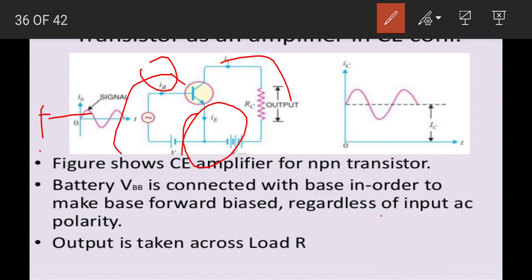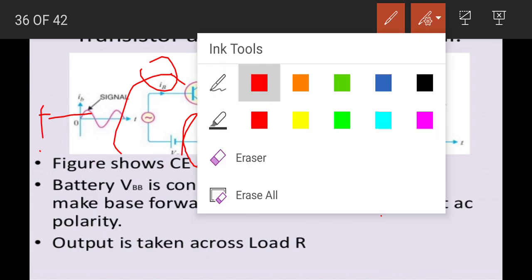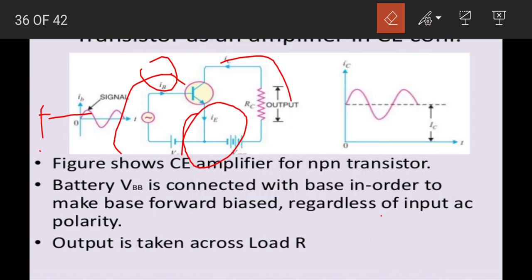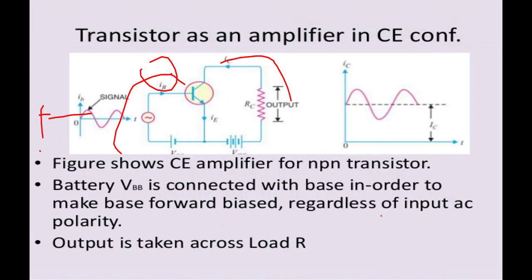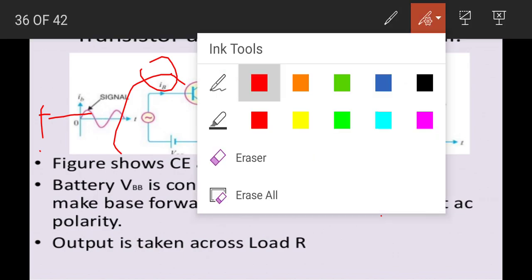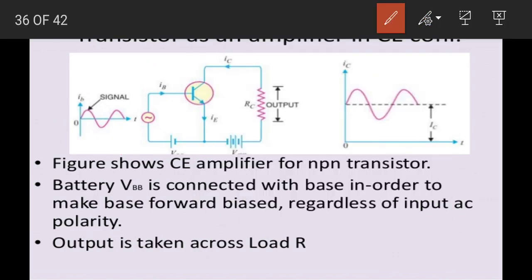Okay, the figure shows this common emitter transistor. Which transistor is this? Anyone?